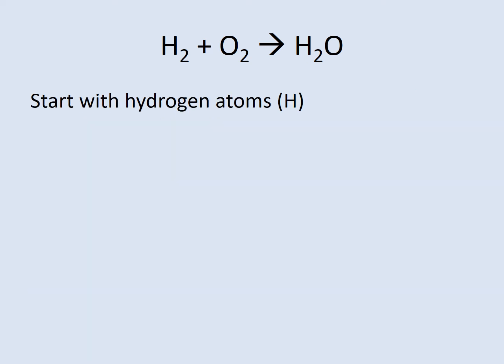So, starting with the hydrogen atoms. There are 2 hydrogens on the left-hand side. Now move on to the right-hand side, and you can see that there are 2 hydrogens on the right-hand side.